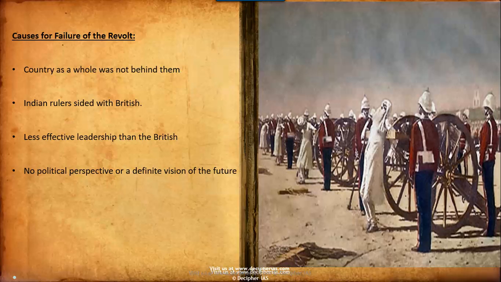The first to fall was Delhi. In the rebellion, the first one to fall was Delhi, and it fell on 20th September 1857. After a prolonged battle, Bahadur Shah, the great Mughal emperor, took refuge in Humayun's tomb, and he was captured and deported to Burma.